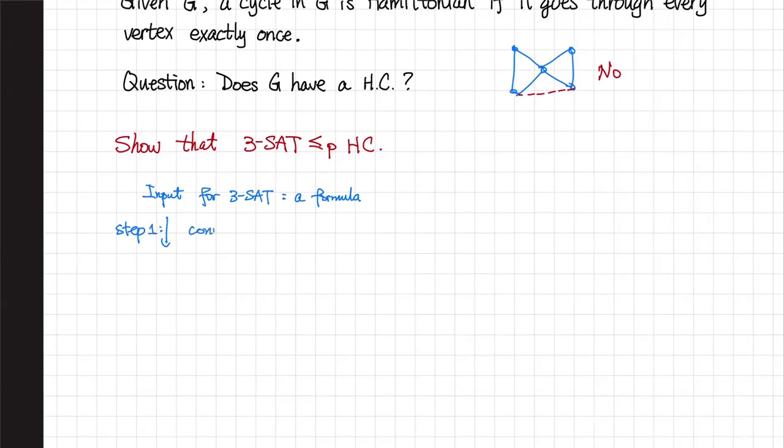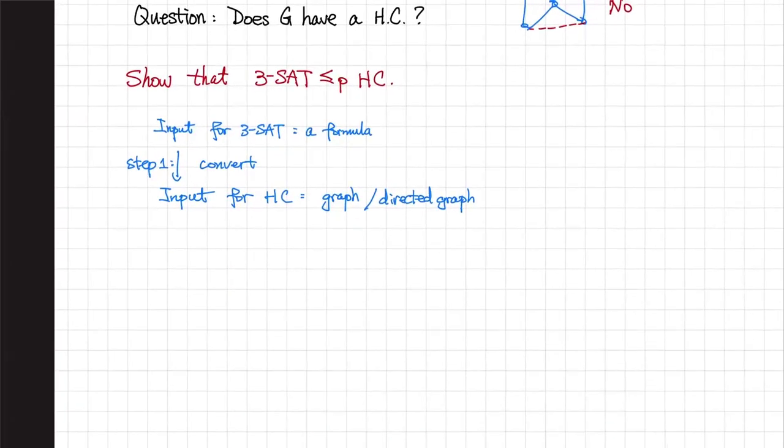We want to convert the input to an input for Hamiltonian cycle, which is a graph, or directed graph. Directed graph means you want to find a cycle that follows the direction. Then once you have the input, you can pass it into the algorithm for Hamiltonian circuit, which we assume we have.